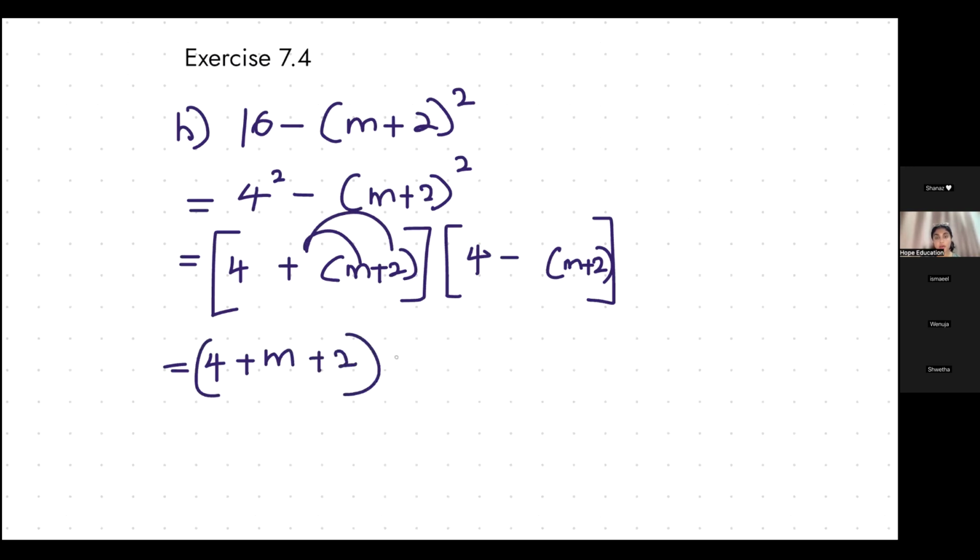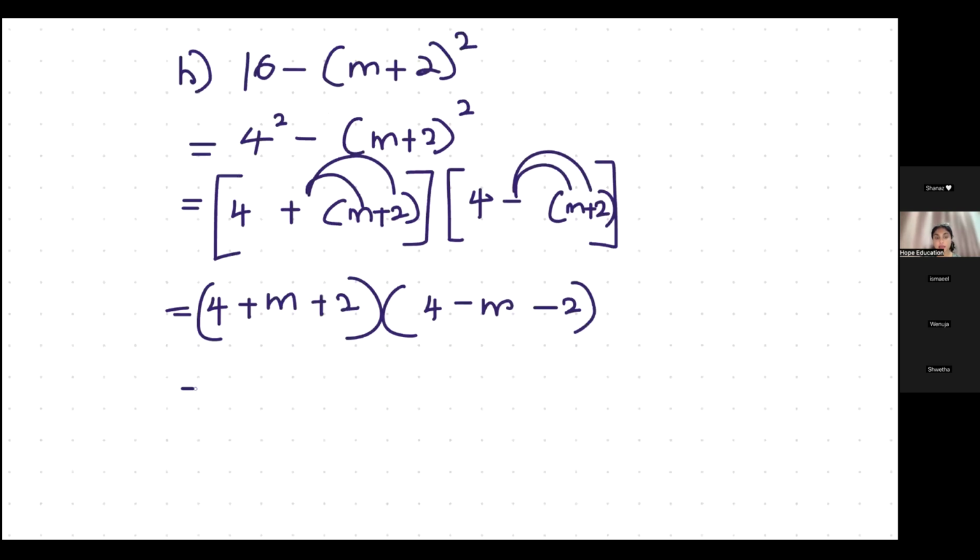Here 4 minus times plus is minus m. Minus times plus is minus 2. So here 4 plus 2 is 6, so I have 6 plus m. Here 4 minus 2 is 2 minus m. This should be your final answer.